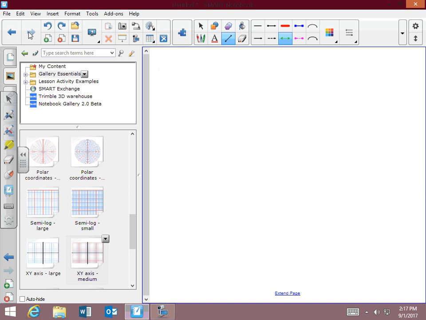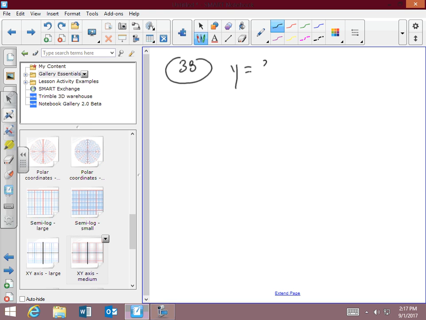The next one I'm going to do is 38. It says y equals 2/3 x. Now then, slope-intercept, you don't have all the values there, but what is always understood is what? You can always put a plus 0.